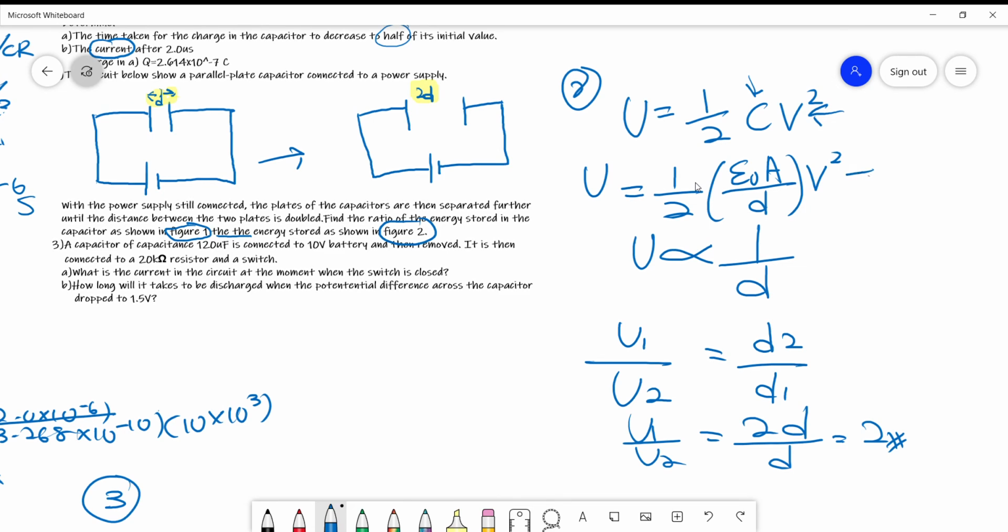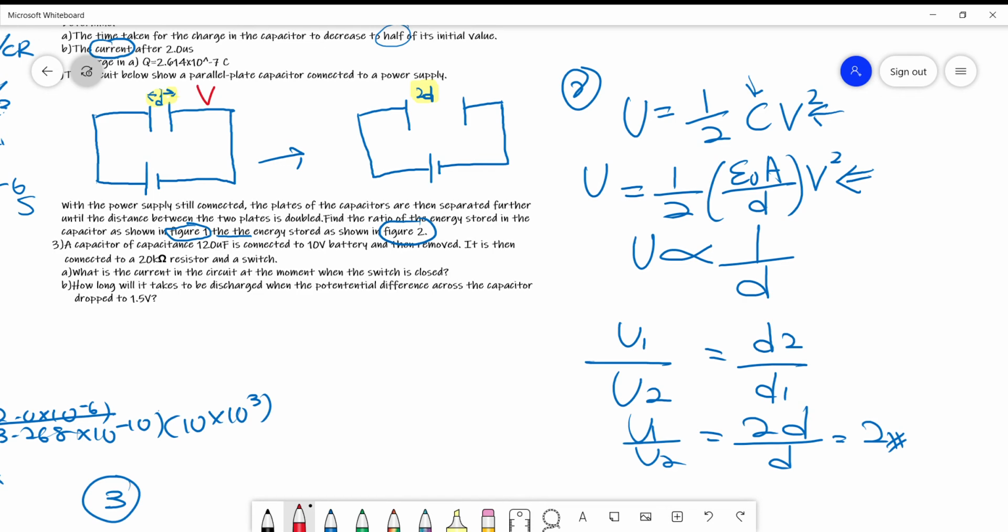So this V, the value of the potential difference: although the capacitor is actually charging and the potential difference will increase, in this case the plate separation is getting further.